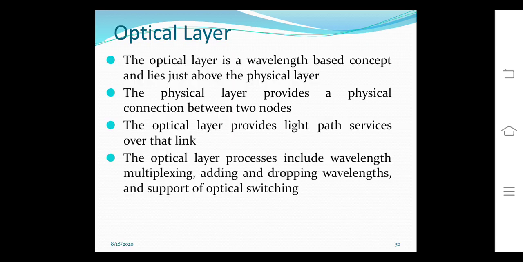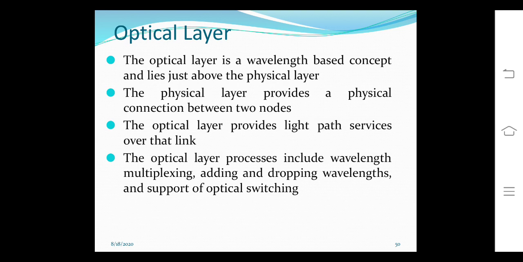So coming to the optical layer, we have many layers in the OSI model, that is open system interconnection. In this, the physical layer is the basic layer in which the data will be transmitted in the form of bits. So this is the physical medium. Here our physical medium is the optical fiber, and only through that is your optical signal traveling.